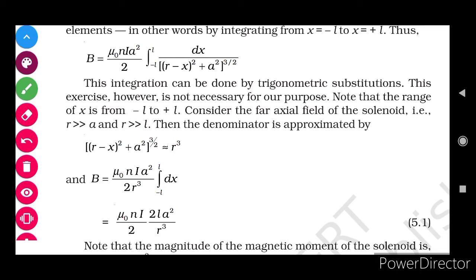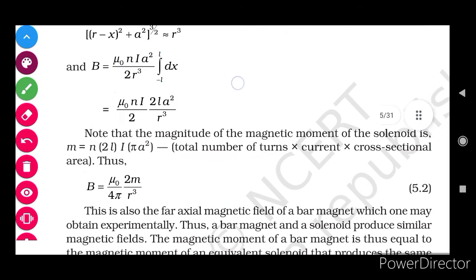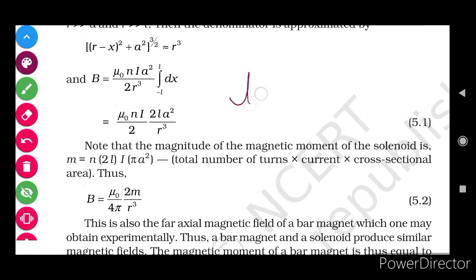What remains is the integration of just dx, with limits minus L to L. Doing the integration, we get L minus minus L, so this is 2L.